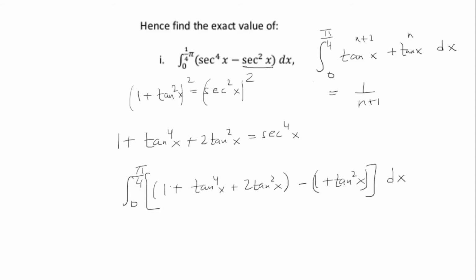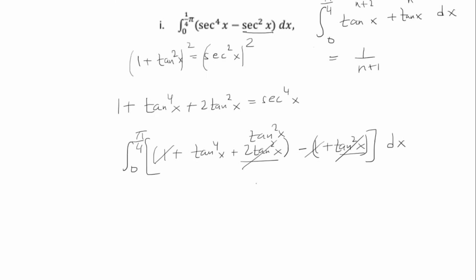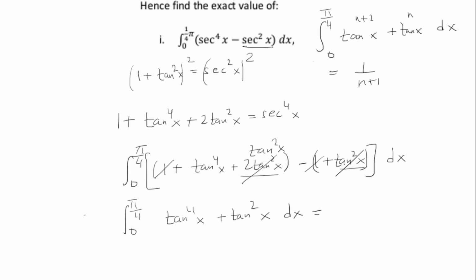So at this point, the 1's are going to cancel. We have 2 tangent squared minus tangent squared. That's just going to leave us with 1 tangent squared. Okay. So to rewrite this, we have the integral from 0 to pi over 4, tangent to the 4th x plus tangent squared dx. Well, this is nice because the exponents are 2 apart from each other, right?